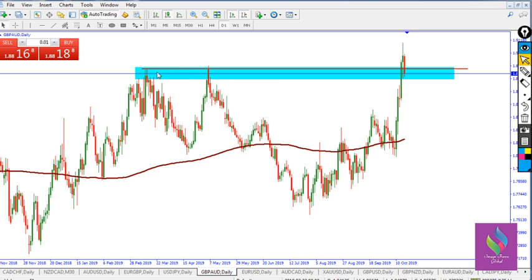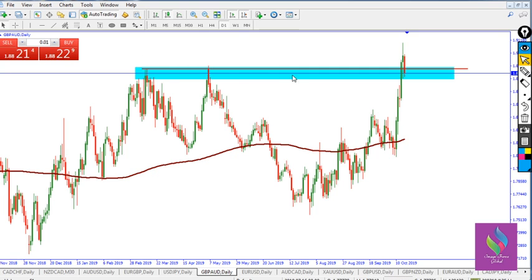A lot of people get confused about where they need to draw their resistance line, but it's good if you have a view of what your resistance area looks like, because my own resistance line might be slightly different from what you have on your MT4 chart.